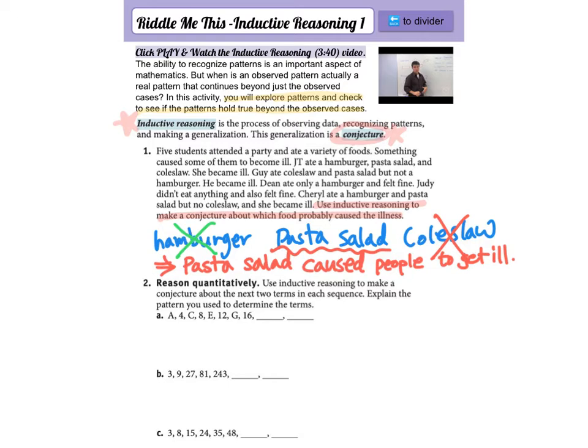All right, I'm sure this was very easy to find out. Let's move on to number 2. Reason quantitatively. Use inductive reasoning to make a conjecture about the next 2 terms in each sequence. Explain the pattern you use to determine the terms. All right, the first one has A 4, C 8, E 12, G 16.